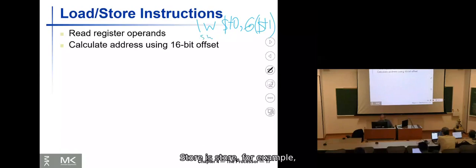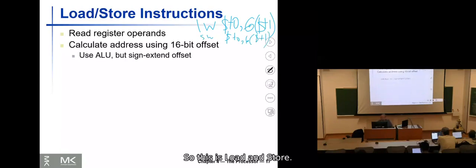A store, for example, T0, 6, T1. So this is load and store. If you look at a load or a store instruction, it has two registers. One of them, for load, is the target, the destination. For a store it is the source, which will be stored in memory. And the other register is the base address, which should be added to the immediate value.